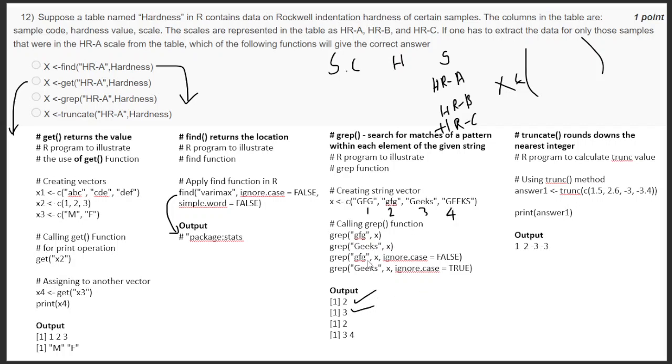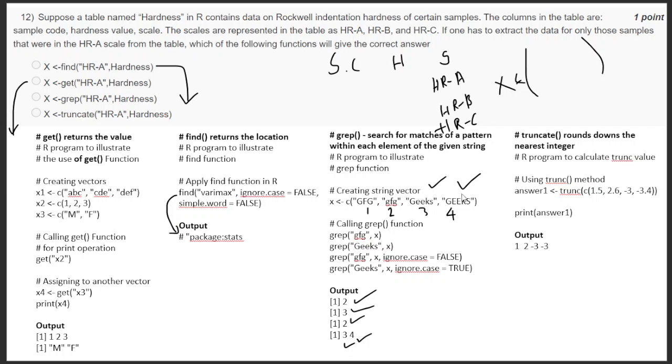So if you give gfg x, ignore.case equal to false, it should not ignore the case, so it will give only 2, the position of a character. Then if you give geeks x with ignore.case, it will ignore the case, so it can be 3 and 4. That is what it is returning.